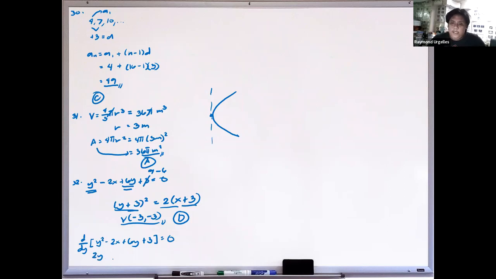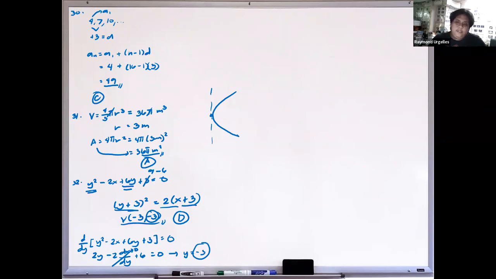So then this will be 2y minus 2, so this is dx dy, plus 6, 0 yung derivative dito. So this is 0. So then you will get here, again remember, maximum minima, the first derivative is 0. So you will get y is equal to negative 3. Diba? Pareho lang nakuha natin dito. Okay?